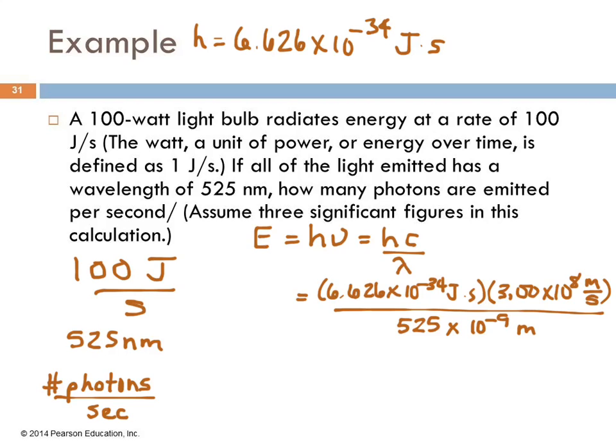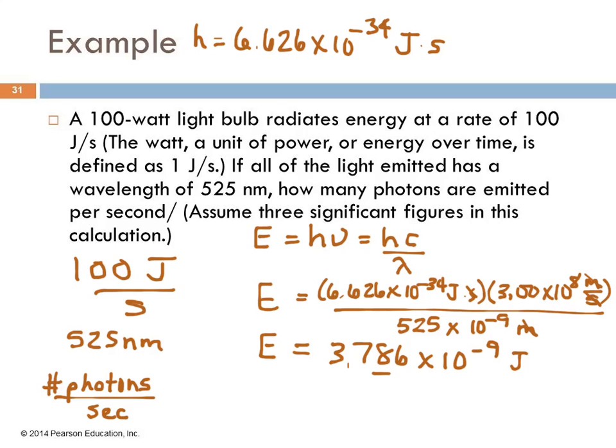So I'm getting the energy for one photon is 3.786 times 10 to the minus 19. Let's check our units. Meters are canceling and seconds are canceling, and so this has the unit of joules.